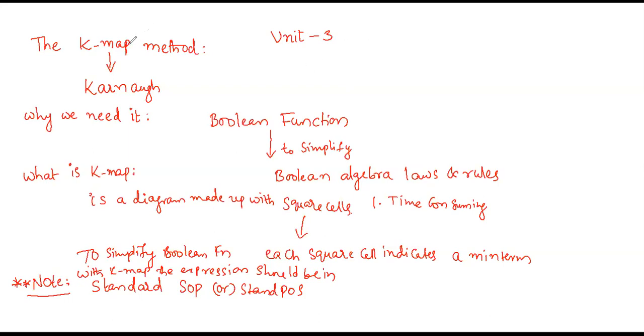K-map full form is Karnaugh map, and why we need it: because simplifying the given Boolean expression with Boolean algebra laws and rules will take some time. It is a time consuming process. So we use K-map to simplify the given Boolean function, and that expression should be in standard SOP or standard POS.